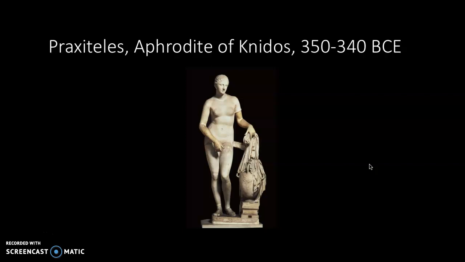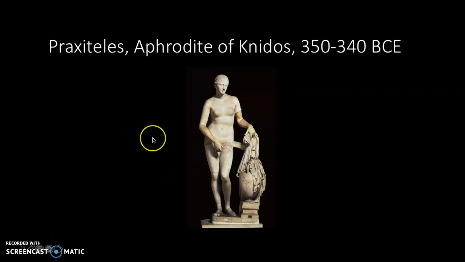Aphrodite is the Greek goddess of love. Her Roman equivalent is Venus. And we see Praxiteles here, he takes those classical standards from Polykleitos and he exaggerates them a little bit. Look at that strong S curve here in the body, in that kind of exaggerated contrapposto.